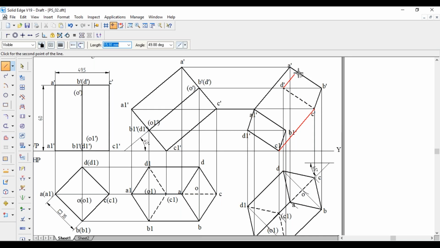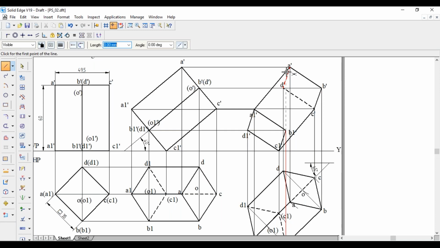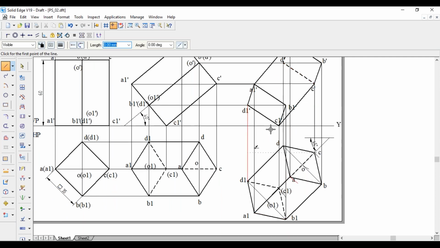We are left with longer edges. Two of them we have already drawn. That is A dash, A1 dash we have joined, and C dash, C1 dash we have joined. We are left with B dash, B1 dash, and D dash, D1 dash. So BB1 is this one. If you see from this side, it is visible. So join BB1 with continuous dark line.